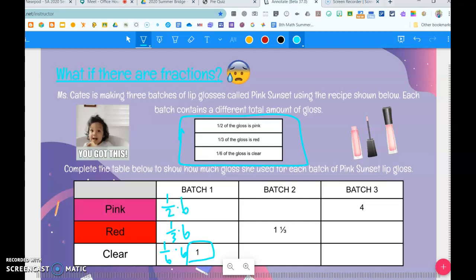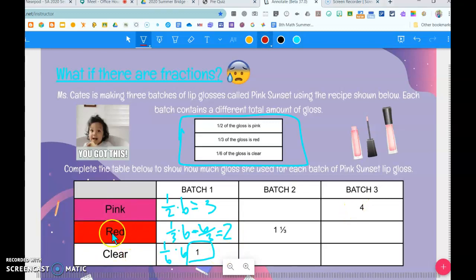Does that make sense? Okay, so 1/3 times 6 equals 6/3, which I can divide and get 2. 1/2 times 6 gives me 3. So she needs 3 bottles of the pink, 2 bottles of the red, and 1 bottle of the clear.